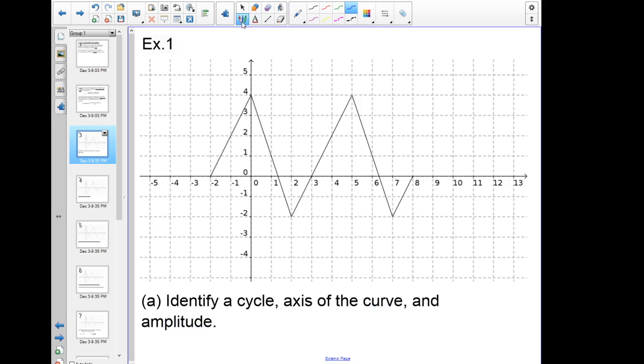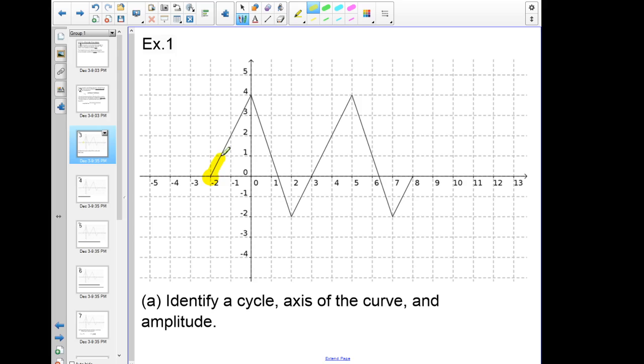So to identify the cycle, we are looking for something that repeats. So we've got this jagged shape, this is known as a sawtooth wave or a sawtooth function. So what I've done is I've selected the highlighter, and if we start here, then to identify a single cycle, we're looking to see when do we get to a point on the graph where the graph is going to start to repeat itself.